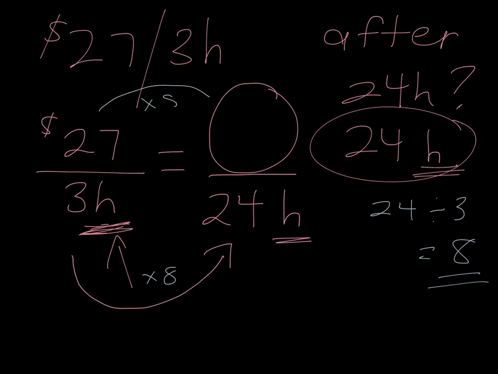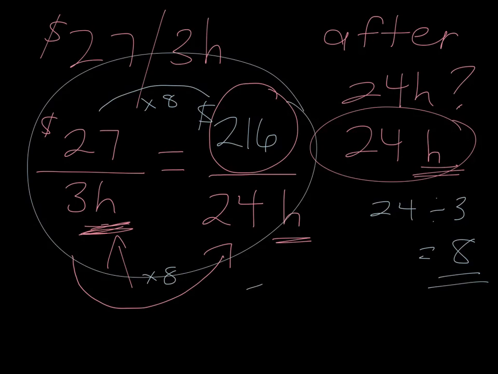So I would do 27 times 8, and that is 216. And I always have to remember my units. Is it 216 what? Bananas? No. It's dollar amounts. So $27 in 3 hours means that I also make $216 in 24 hours. So what I've just shown you, these two things are equivalent rates.